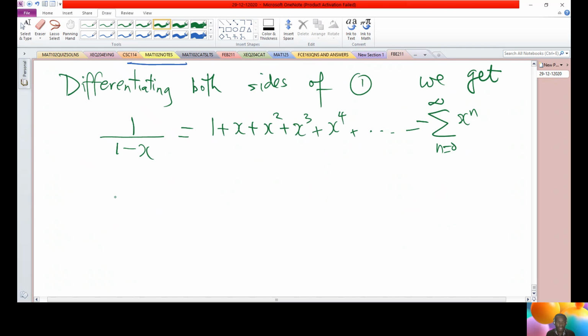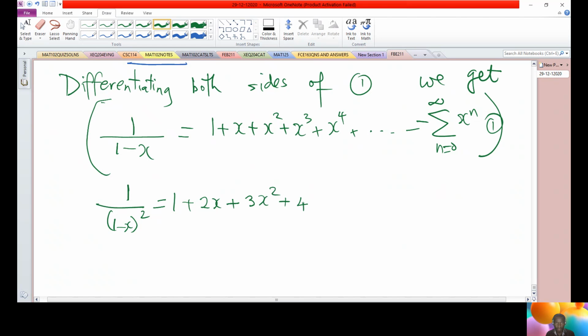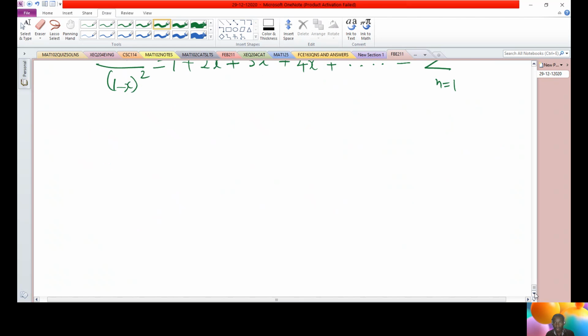So the left-hand side will give us 1 over 1 minus x squared, equals 1 plus 2x plus 3x squared plus 4x cubed, and so on, which will be the summation n from 1 to infinity of n x raised to n minus 1.